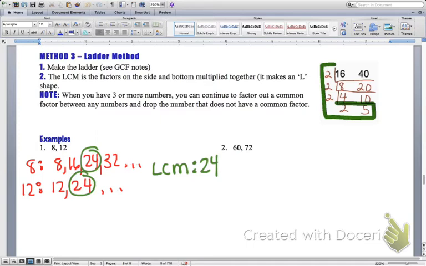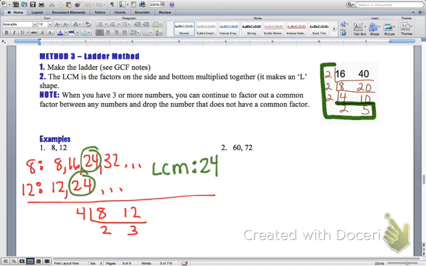So this is using the list method. Luckily my LCM showed up pretty quickly. On number 2, it might not show up as quickly, so you would probably have to list more numbers. So I'm going to go ahead and do the ladder method for number 1 as well. So I'm going to do 8 and 12. Works out the same way as yesterday. So a common factor between 8 and 12 would be 4, which gives me 2. 12 divided by 4 is 3.